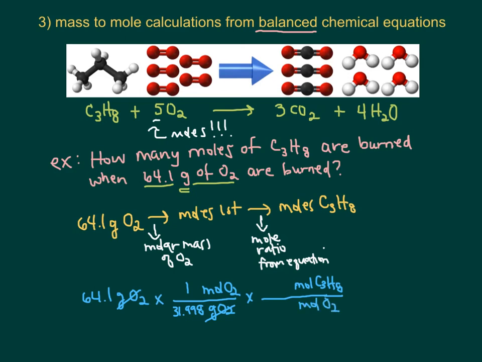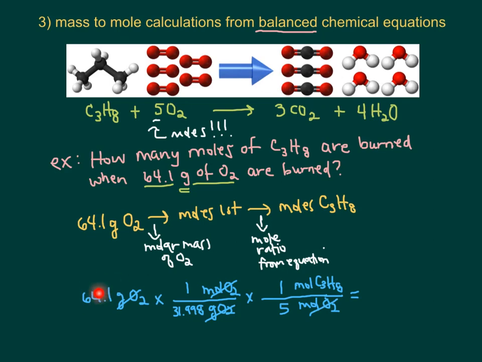So you put C3H8 on the top because that's what you want to be left with, and of course moles of oxygen goes on the bottom over here so that it can cancel out. And then we need to just look up the numbers to plug in here from our balanced equation. So you'll notice it's 1 mole of C3H8 for every 5 moles of oxygen according to our equation, or our little recipe.